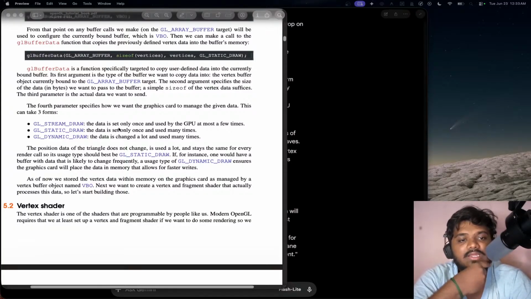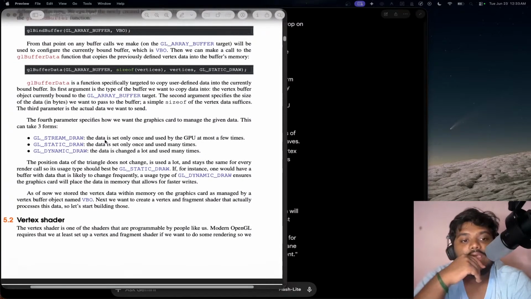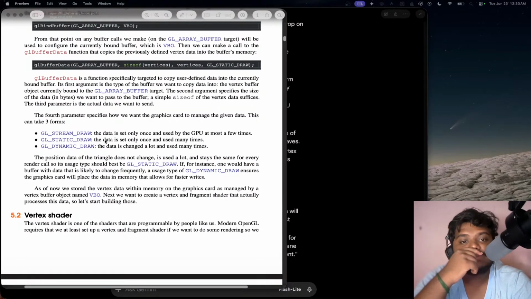Static: the data is set only once but used many times. Dynamic: the data is changed a lot and used many times. So the GL static draw is the one we use a lot, and you can see it in the picture. We are right now using the GL static draw.